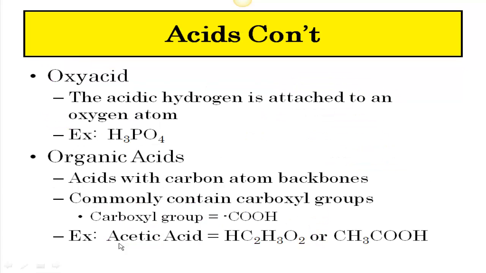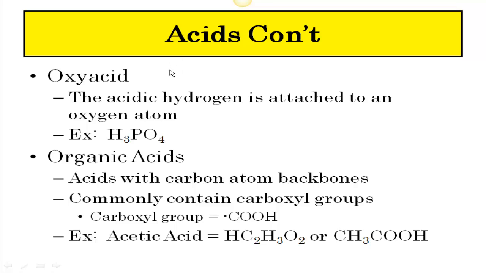We also have these things called oxy acids. Oxy acids are where the acidic hydrogen, the hydrogen that gives it its acid properties, is attached to the oxygen atom. For example, phosphoric acid is considered an oxy acid.